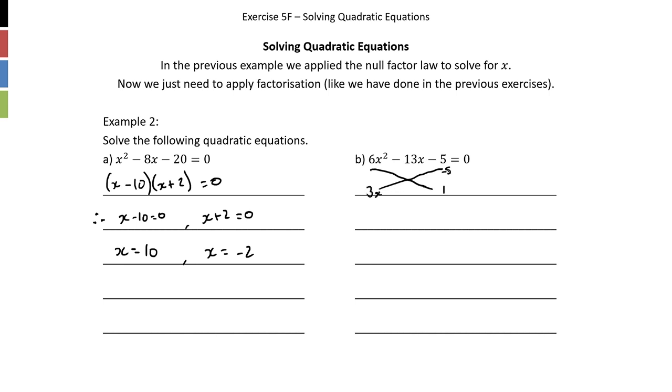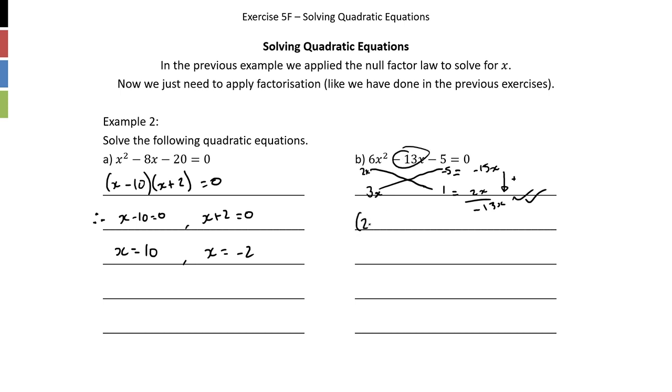If I do 3 times 5, that's going to work. 3x times negative 5 is negative 15x, and then my 2x, so plus, that'll work. We add these together now, we get negative 13x, and that gives me the middle term.